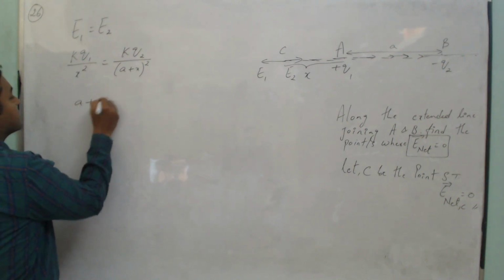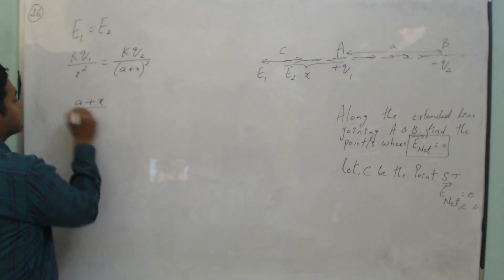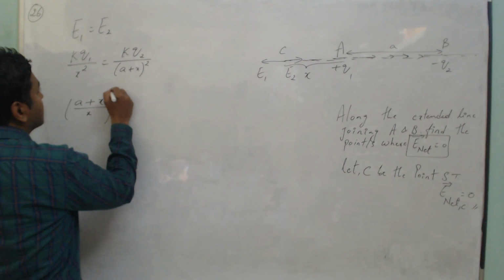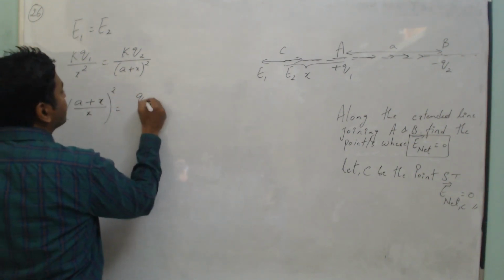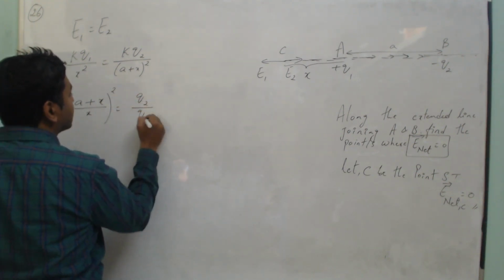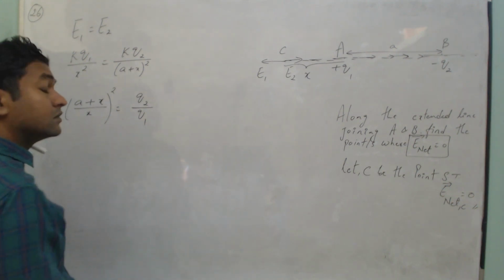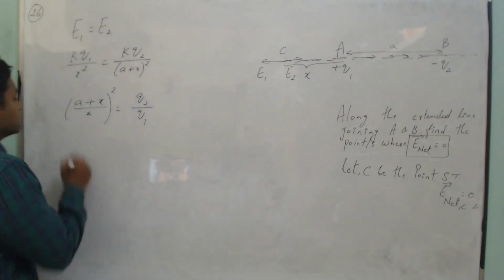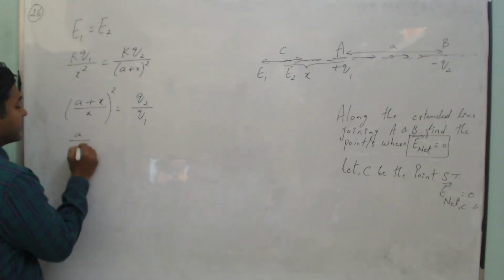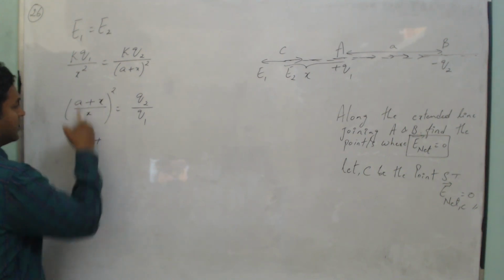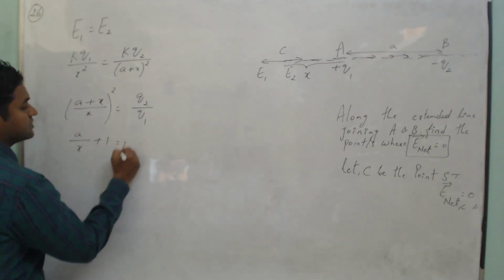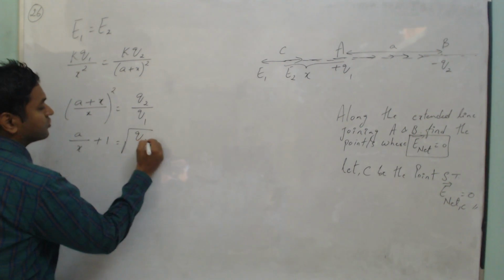So, (a plus x) divided by x whole square is equal to Q2 by Q1. So I'm writing directly, a by x plus 1 is equal to under root of Q2 by Q1.